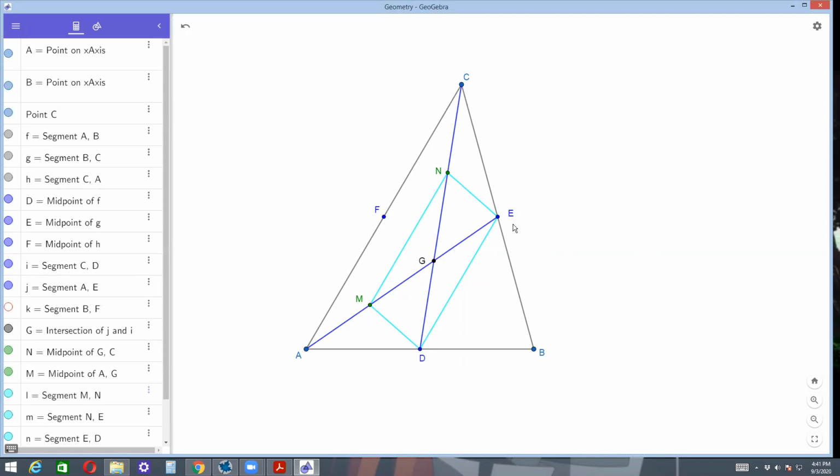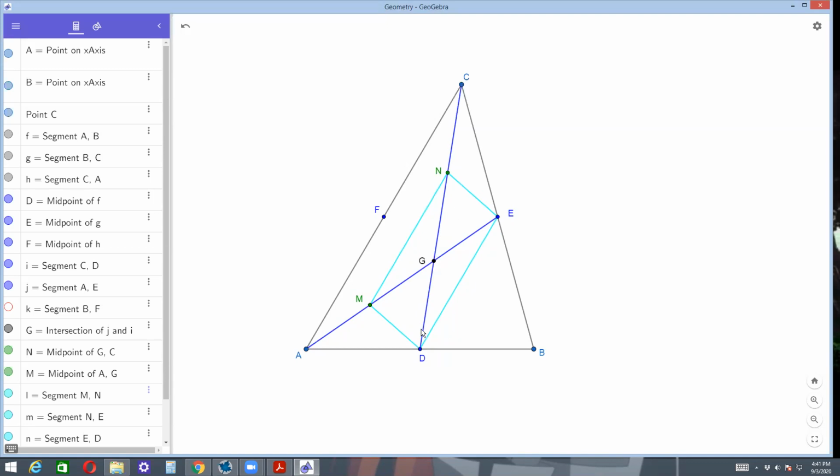Okay, this is parallel to that. Well, this is a parallelogram. What do we know about parallelograms in terms of the diagonals? They bisect each other. Correct. It means that even though we didn't prove it before, we knew that DG was half of this length.